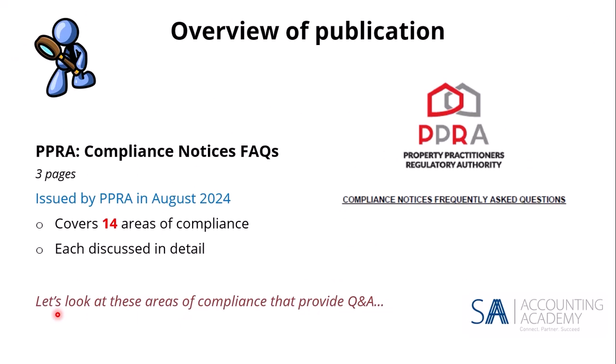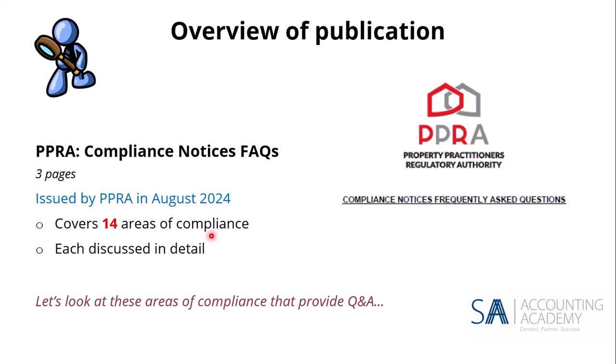So let's look at this document, because these are frequently asked questions that the PPRA received in response to compliance notices that they issued. They issued this document in August this year and they cover basically 14 areas of compliance. It's not really a question as such to say, what is this? And there's the answer. But they do discuss something in general.